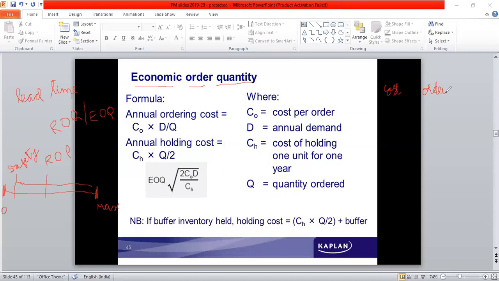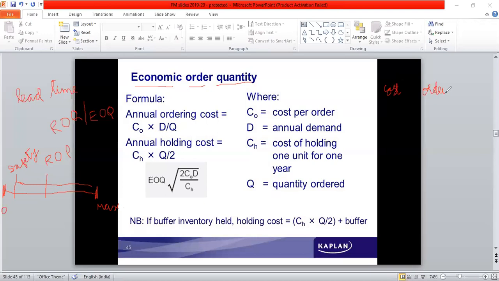The procedure of asking suppliers to fill the tender requirements, selecting the supplier, placing an order with the supplier, all that comes under ordering cost. So first is the cost of material, and the second one is ordering cost.